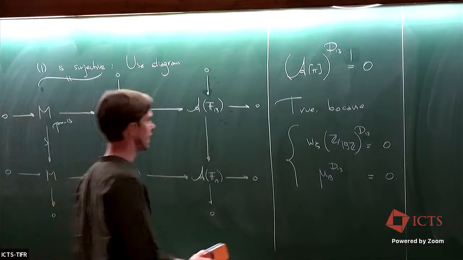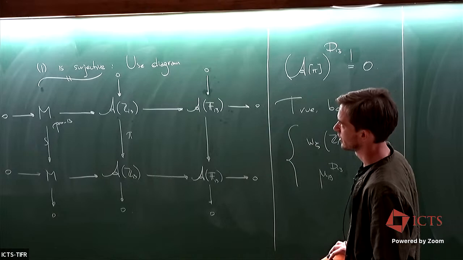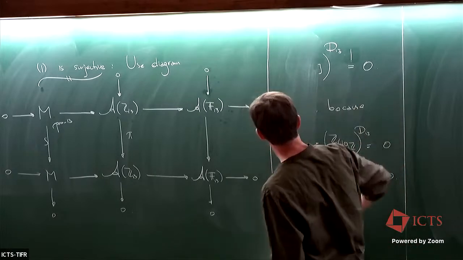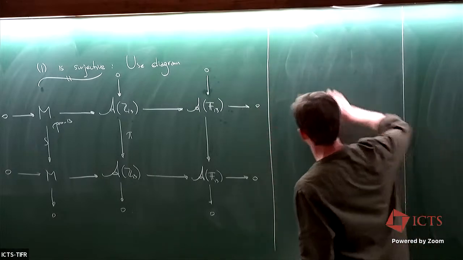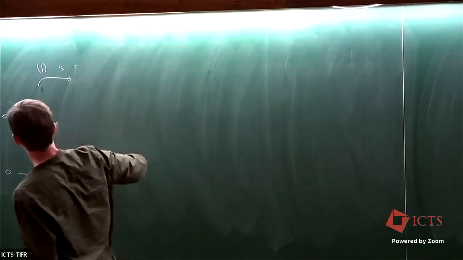And of course, the original paper of Mazur and Tate contains much more. Okay, so I'm going to erase all of this and give you the conclusion of this kind of argument.